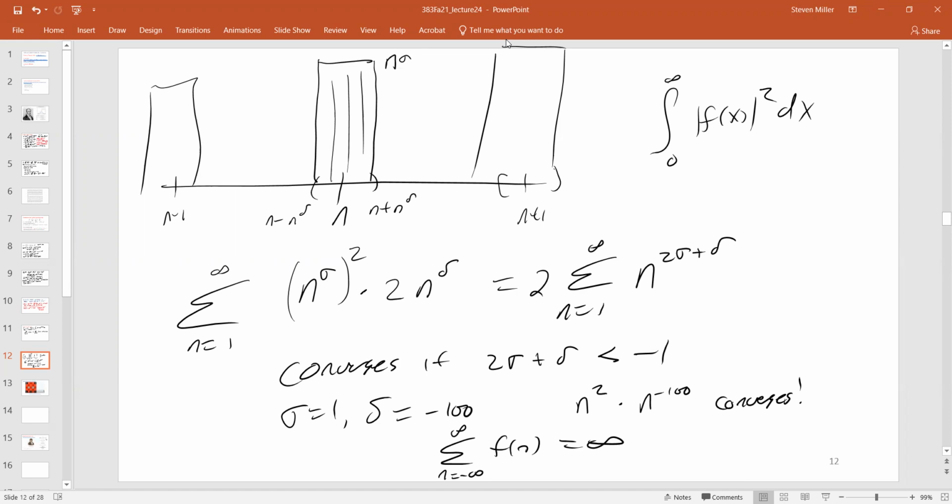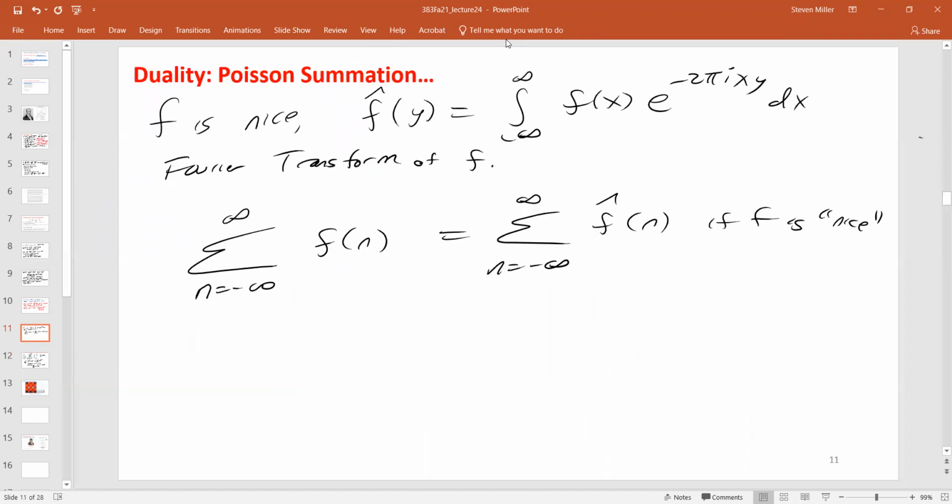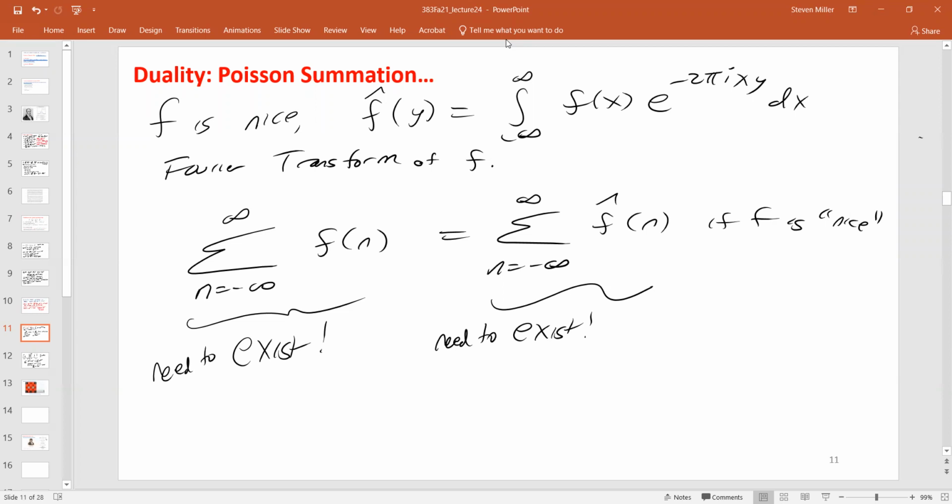So when I go back a page, at the bare minimum, I need these both to exist. So these better exist. If they don't exist, I'm in trouble.